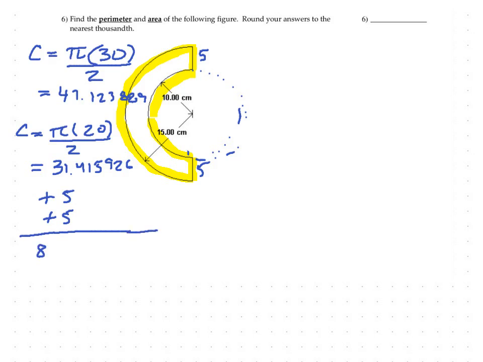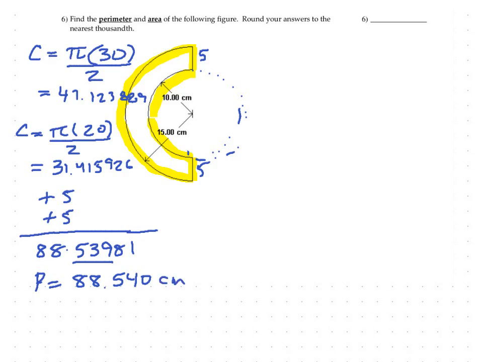That works out to be 88.53981 when you do all the bits. And then we're going to round. The perimeter, to the nearest thousandths, the 8 would round it up to 88.540. Not 39, but 40 centimeters.